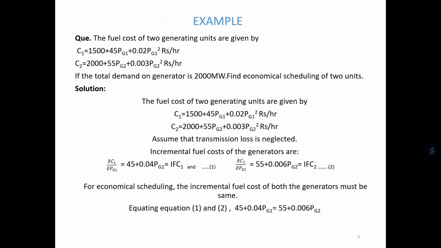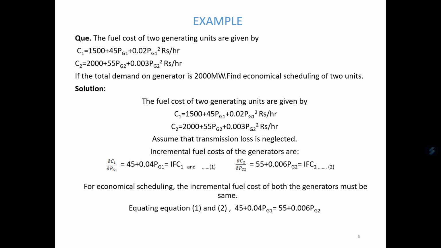Now we'll go through one numerical. We'll first solve this numerical by the condition which we have obtained through the derivation, and then we'll solve the same numerical with the help of MATLAB software. And at the end of this video we'll discuss the importance of MATLAB software in the economical load dispatch neglecting transmission losses concept.